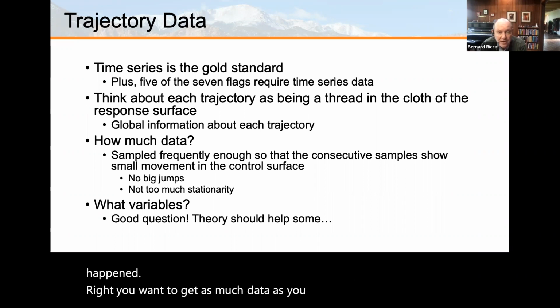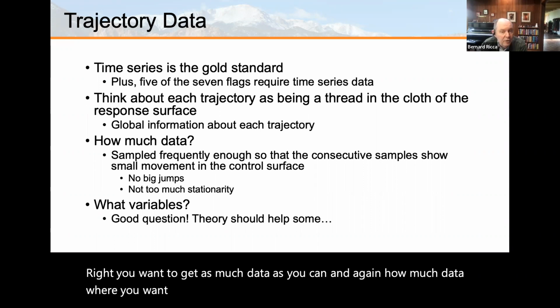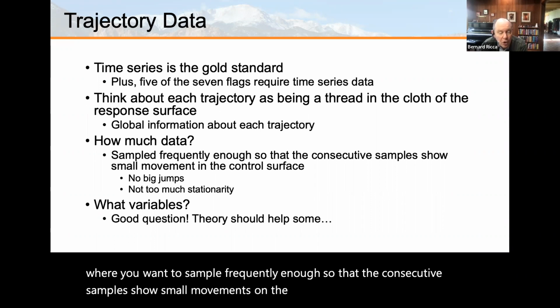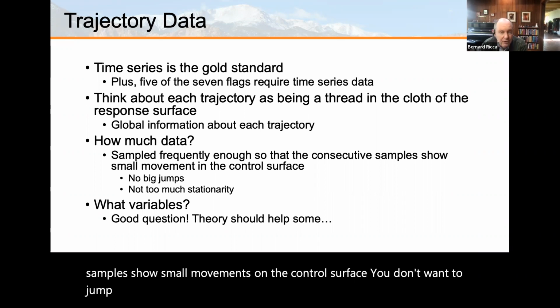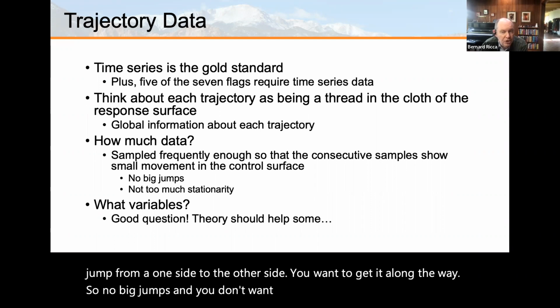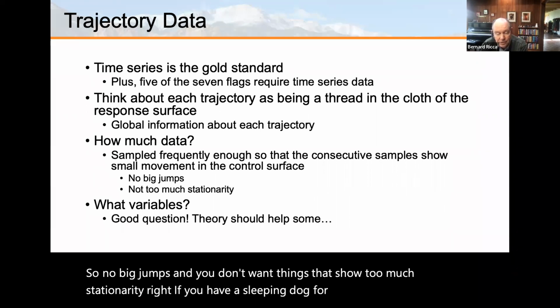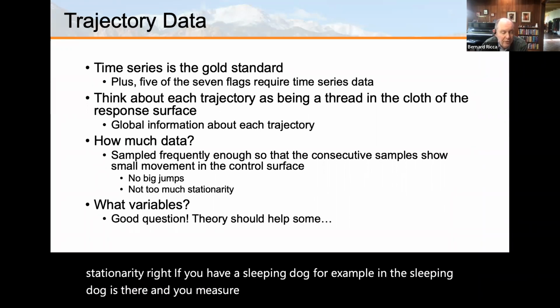And again, how much data? Well, you want to sample frequently enough so that consecutive samples show small movements on the control surface. You don't want to jump from one side to the other side. You want to get it along the way. So no big jumps, and you don't want things that show too much stationarity. If you have a sleeping dog and you measure it, they're not afraid, they're not angry.